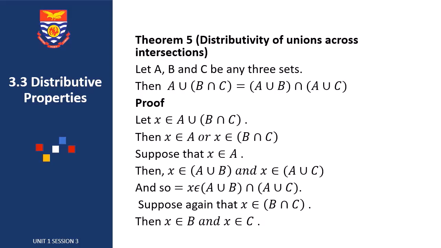And so we are saying that if x is a member of the set we have mentioned, then it means that x can be found in A or x can be found in B ∩ C. Let's now suppose that x is found in A. It means therefore that x can be found in A ∪ B, and that the same x can be found in A ∪ C.